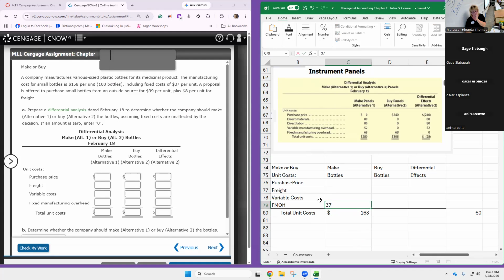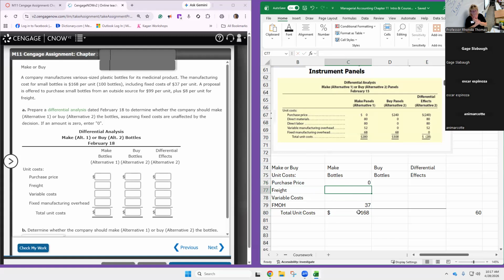Now remember, these are all costs. So we're just putting them in as positive numbers. And then, by the way, freight or purchase price is for when we buy bottles. So there's not going to be a purchase price under make the bottles. Okay, so put a 0 there.